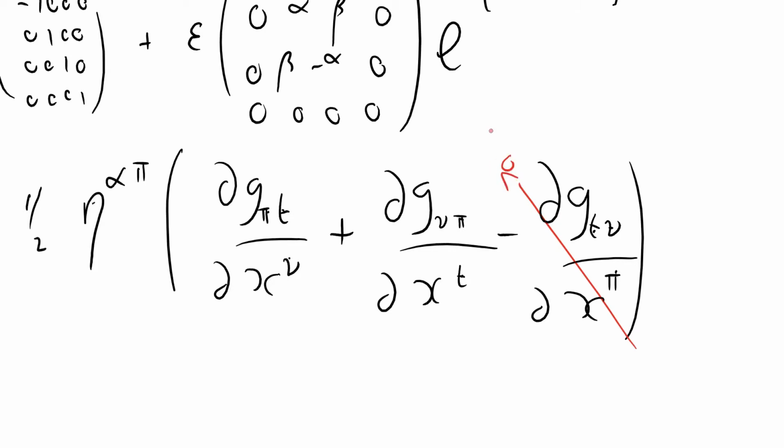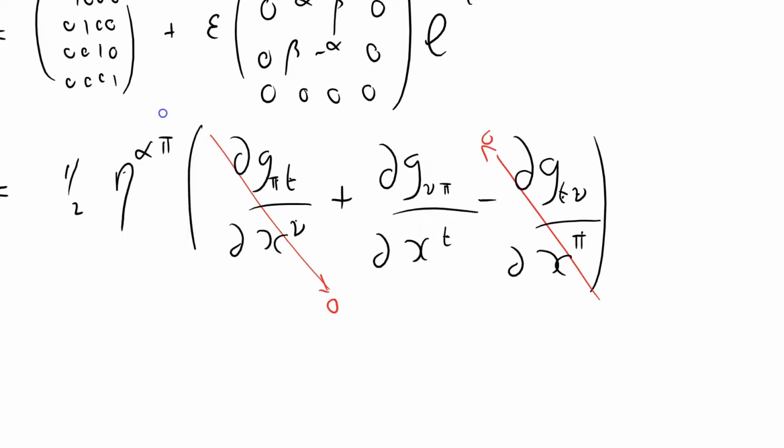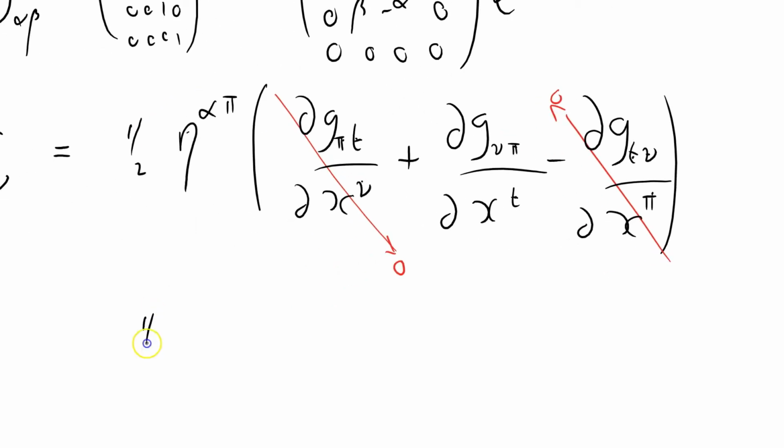This is 0 because it's that row there. This one isn't because it's a nu and a pi there. That one there is 0 because it's a row. And here we've got something altogether different. Let me rewrite this expression here. We've got a half eta, which we know to be diagonal, so that's alpha alpha. That tells me that pi must be equal to alpha, because all the other terms are off diagonal and they drop out.